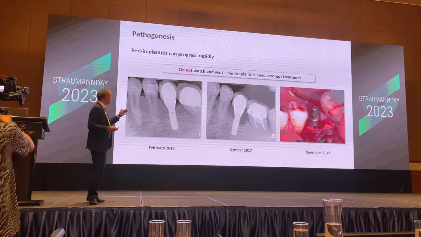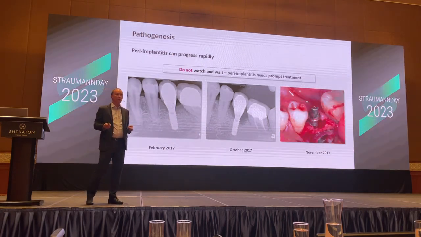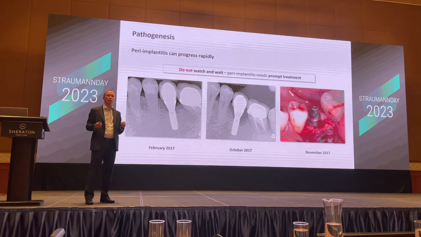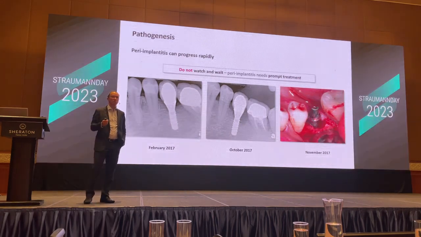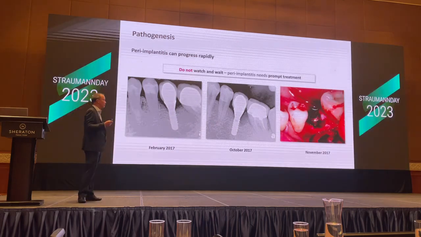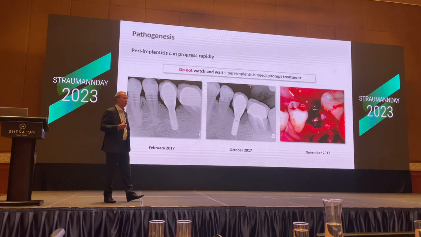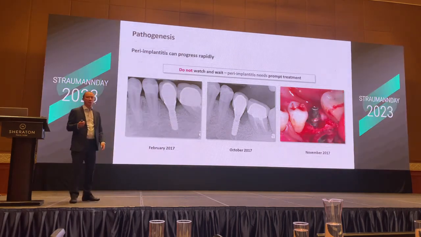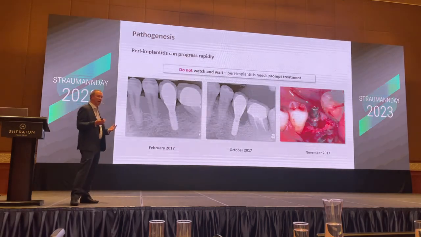Okay, so the one message I want to give to everybody is that with peri-implantitis, don't look at it and go, oh, maybe we'll check next time and see how it looks. You need to intervene and you need to treat it because it behaves very, very differently to other types of infections. It can progress very rapidly. And especially if you're dealing with implants that have a micro rough surface, it can go quickly.